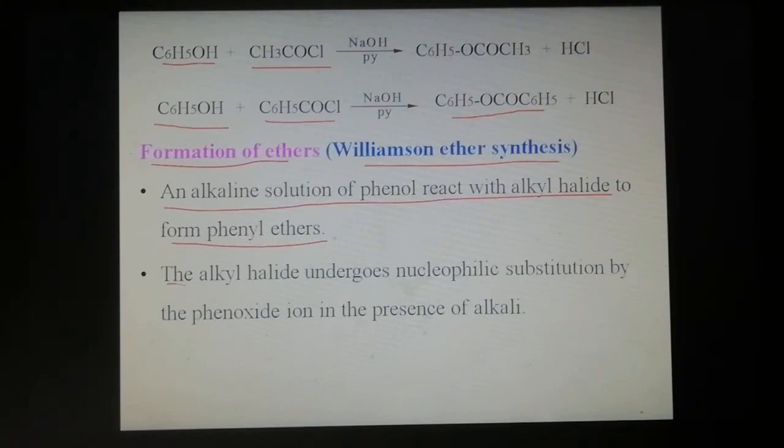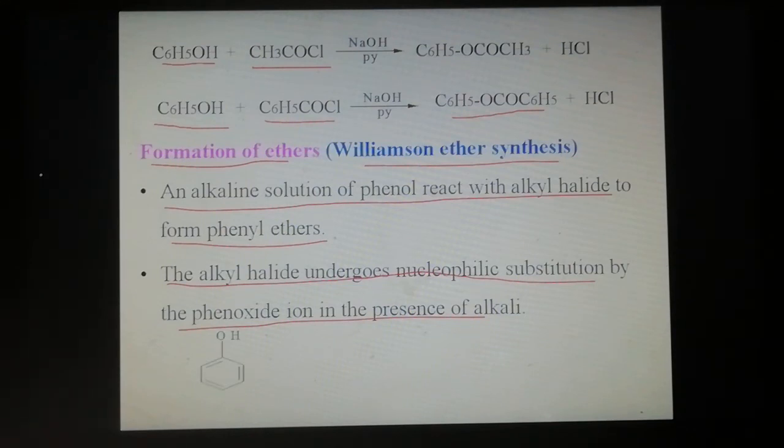The alkyl halide undergoes a nucleophilic substitution reaction by the phenoxide ion in the presence of alkali, sodium hydroxide.